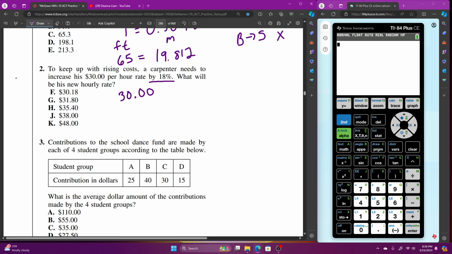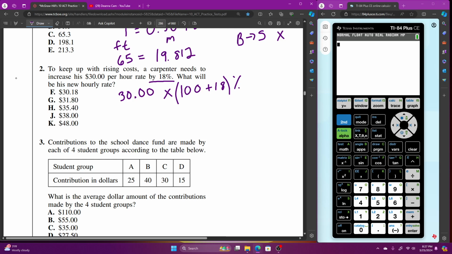So we want to multiply our $30 per hour times 100% of what he's making plus another 18% of what he's making. So that's 118%, right? Because it's going to keep that $30 per hour plus make an 18% increase.